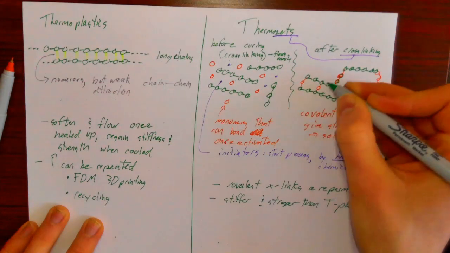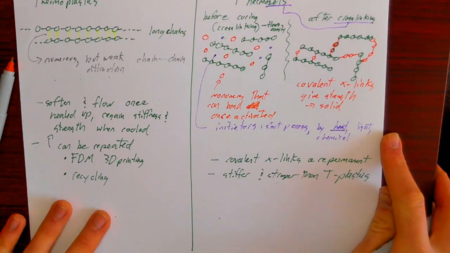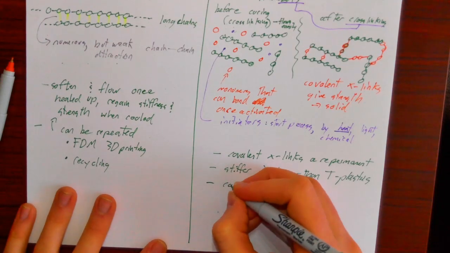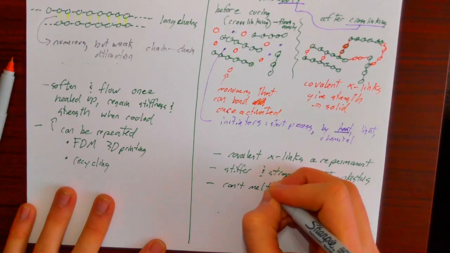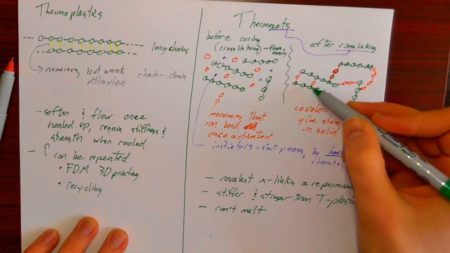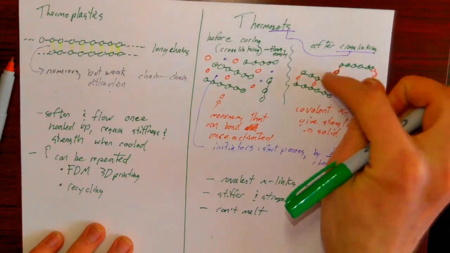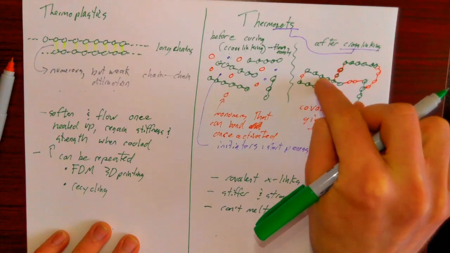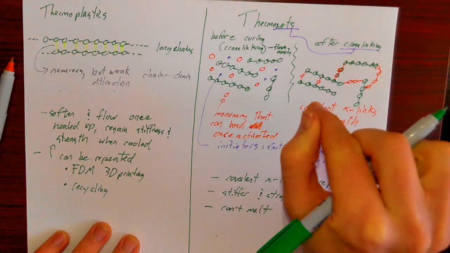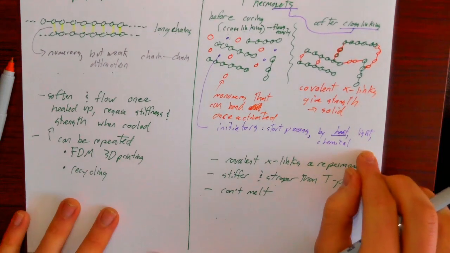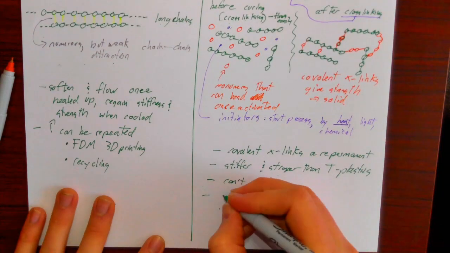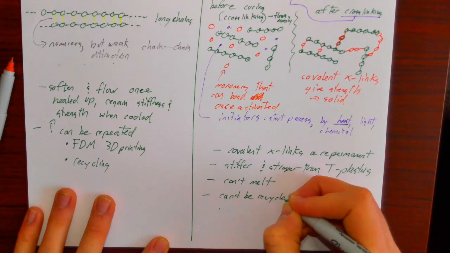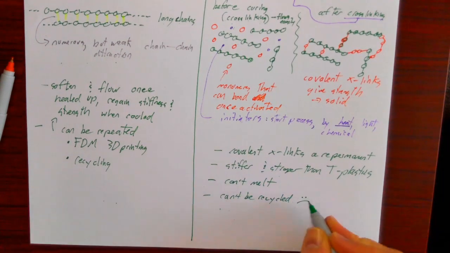Right? These covalent bonds are super strong, but they can't melt. Once these covalent bonds are formed, you can't melt it and have these original chains flow past one another again. Once those covalent bonds are formed, they're done, baby. They're locked in. So what does that mean? They can't melt. They can't be recycled. And of course, this breaks my heart, right?